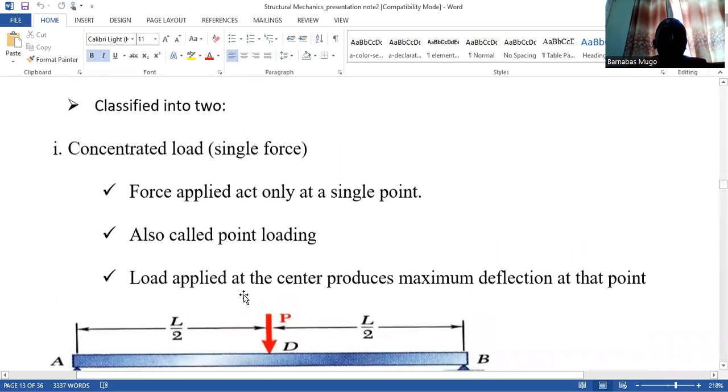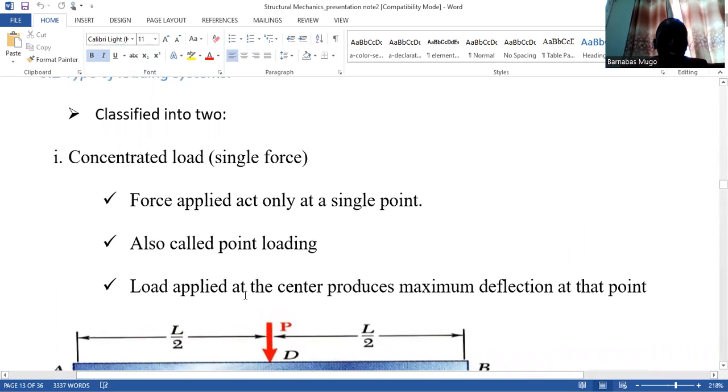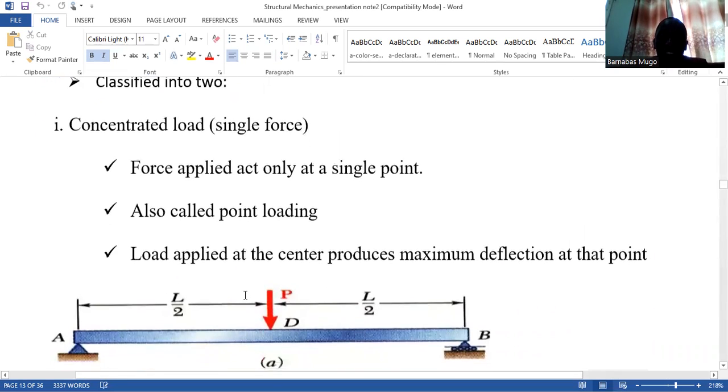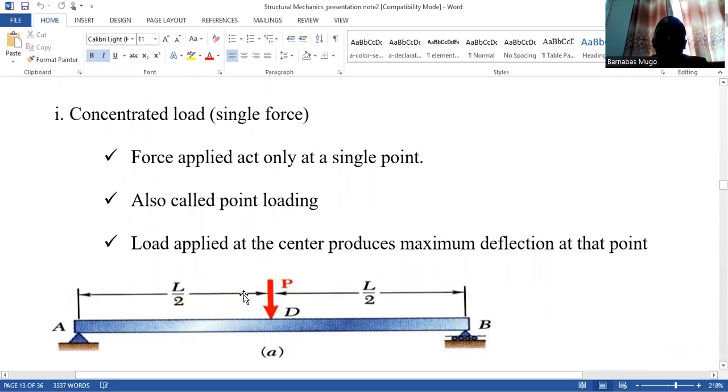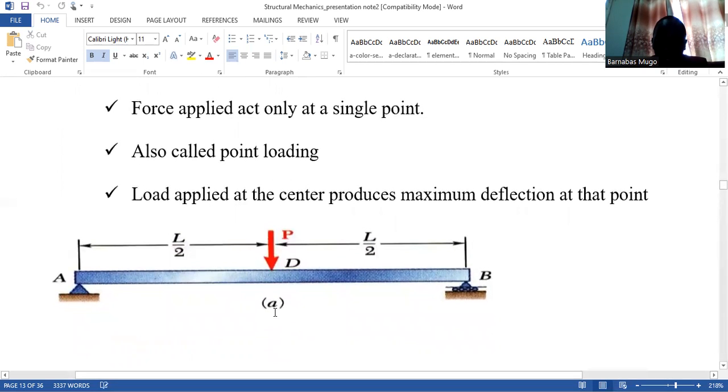So when we have a concentrated load or single load, the force that is being applied, as you can see from this diagram, the force P is only applied at one position, and it is called a single load, or a point loading. The load applied at the center produces maximum deflection at that point.